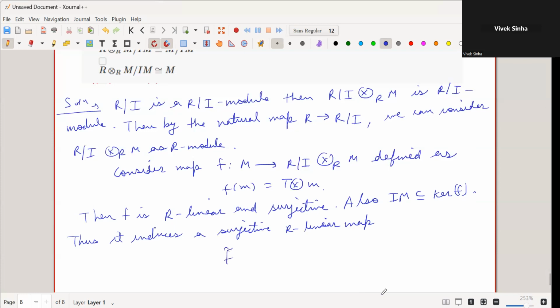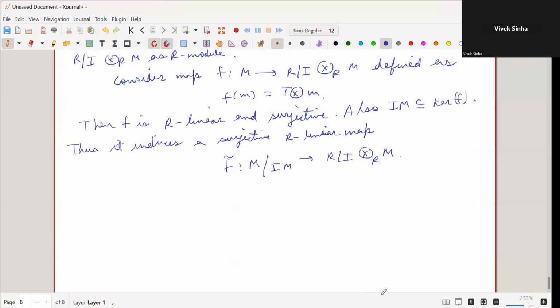So F-bar from M modulo IM to R/I tensor M is a surjective R-linear map.